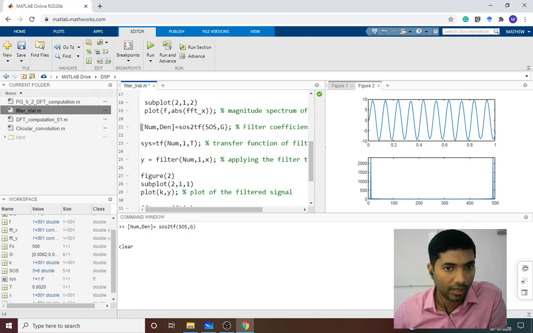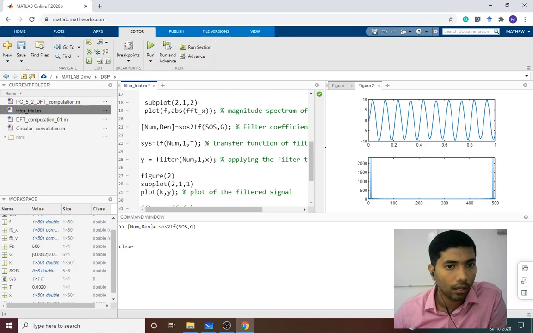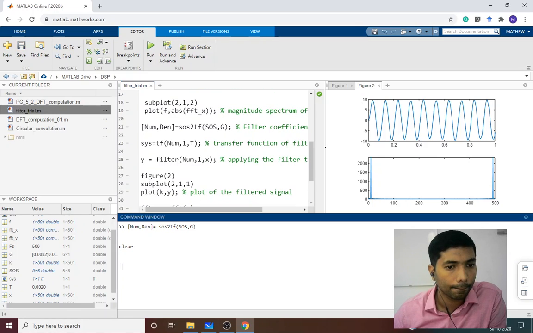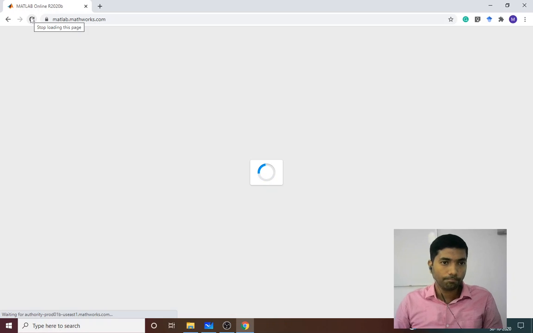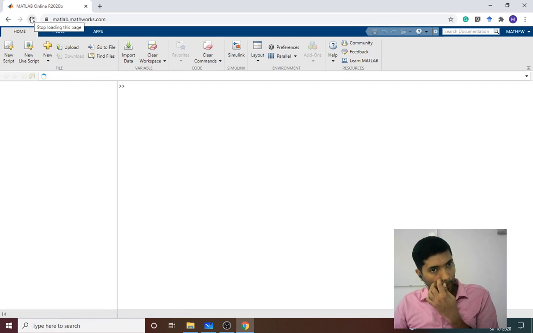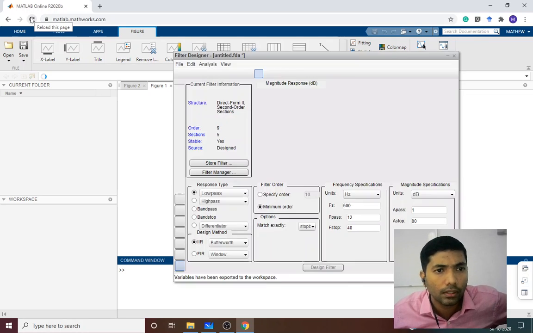Okay, I have uncommented this particular line, but before that I need to define the... I think it got stuck up. So let me try to reload this page and see what is happening. Yeah, so these things can come up.